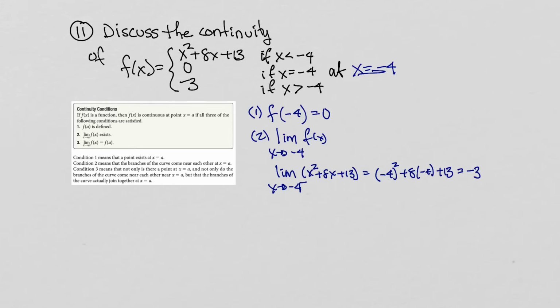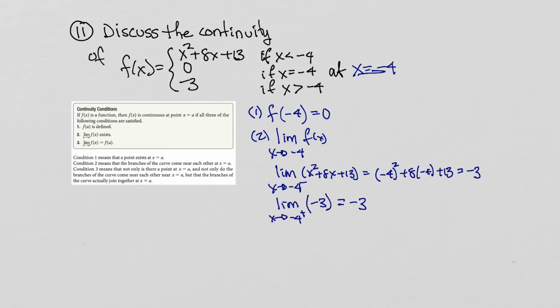Let's see what happens as we approach from the right. Let's take a look at the limit as x approaches -4 from the right. As we approach from the right, we're a little bit bigger than -4, so we're going to use this piece right here. This is just a constant, -3, and we know that the limit of a constant is just that constant itself.